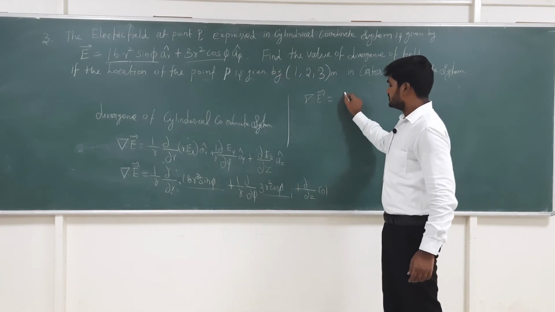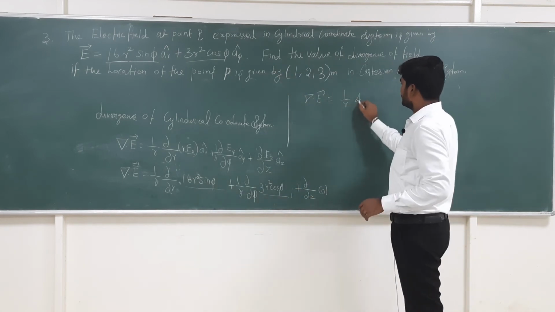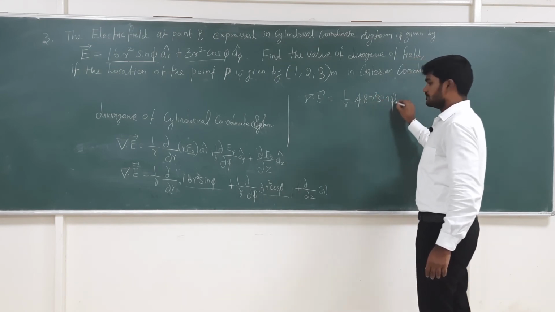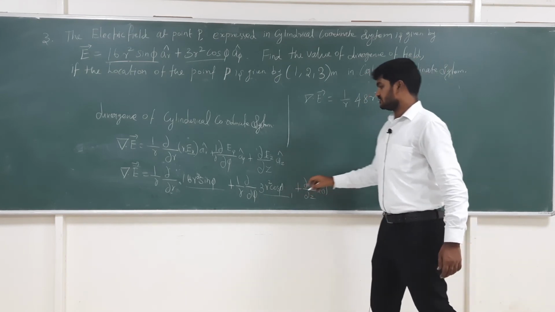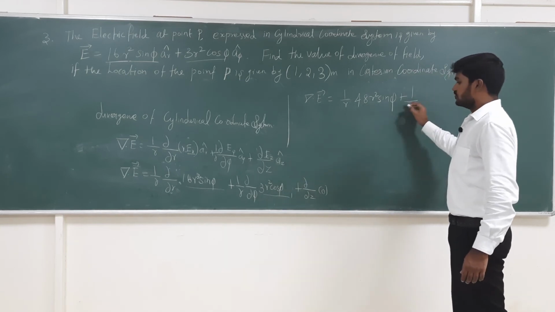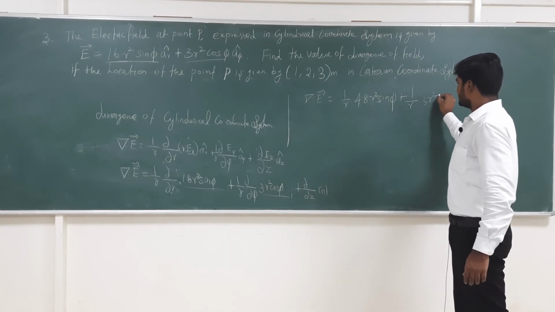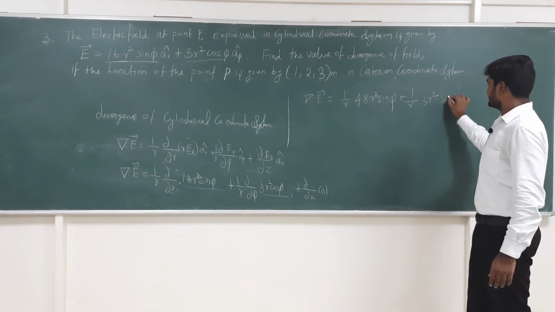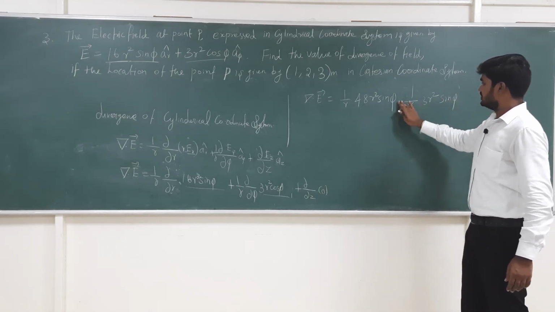Now differentiate this function. Del dot E vector is equal to: first differentiate with respect to r, it becomes 1 by r times 48 r square sin φ, plus 1 by r times 3 r square, differentiating cos φ with respect to φ gives minus sin φ.